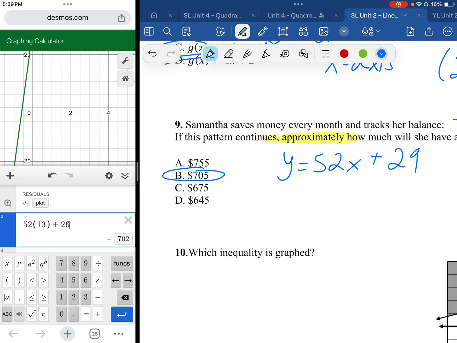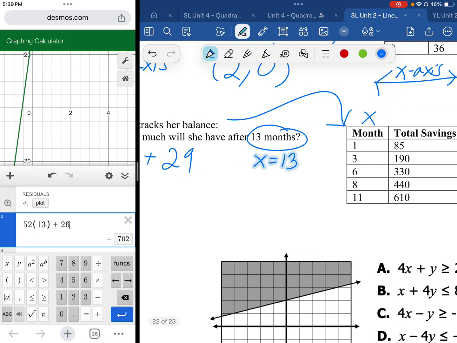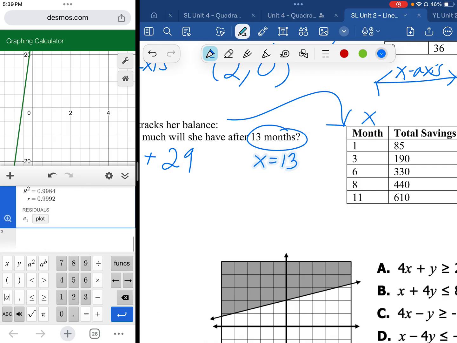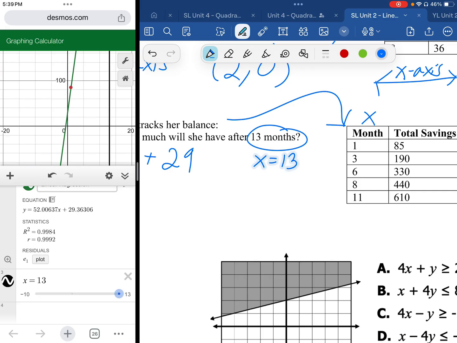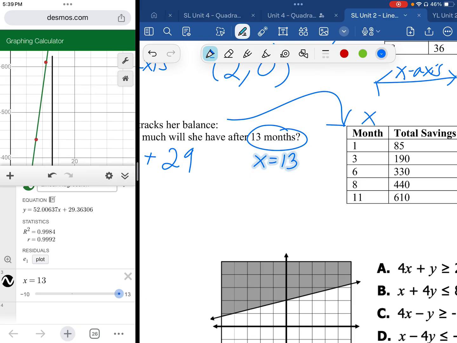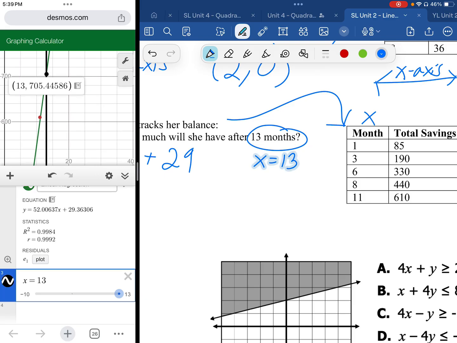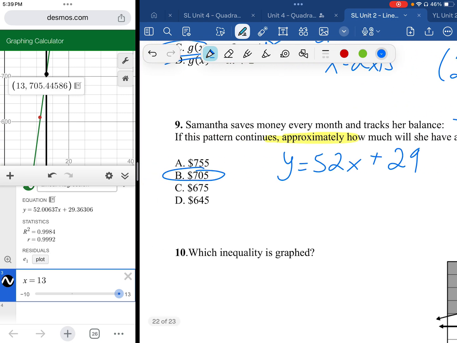What we could also do is, because we know this is an x, go down here to your Desmos and type in x equals 13. Now we may have to zoom around a little bit, but look where they cross, and you see they cross at 705.44, whatever. So either way, we get approximately she'll have around 705, which is going to be the closest amount of dollars.